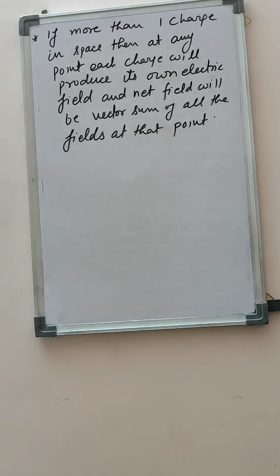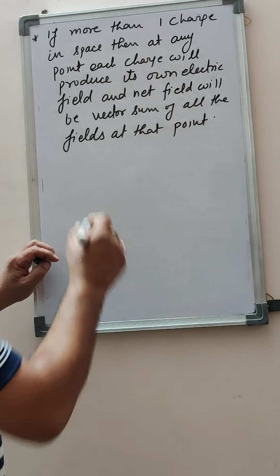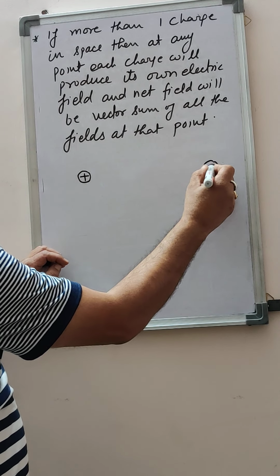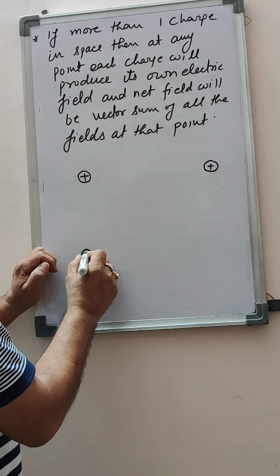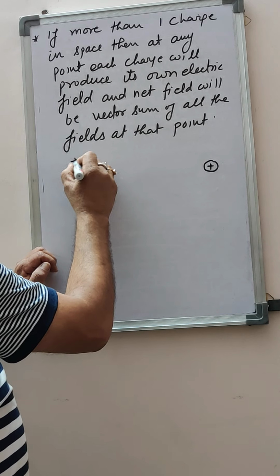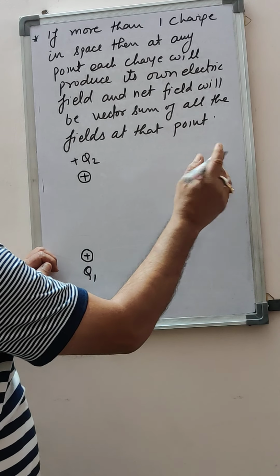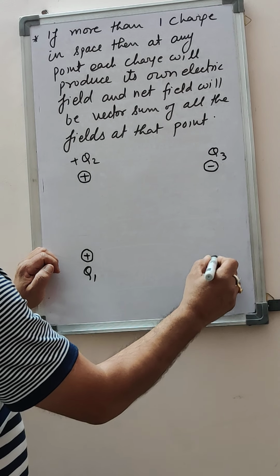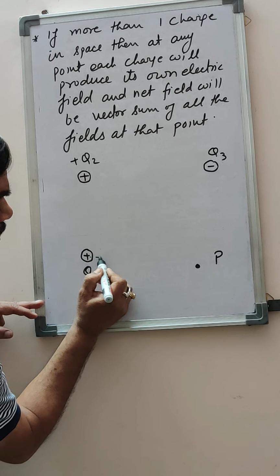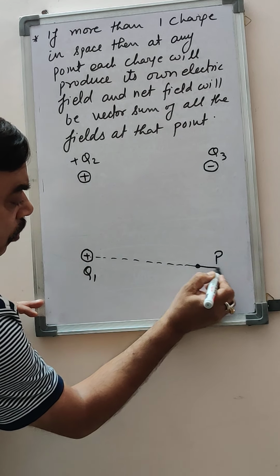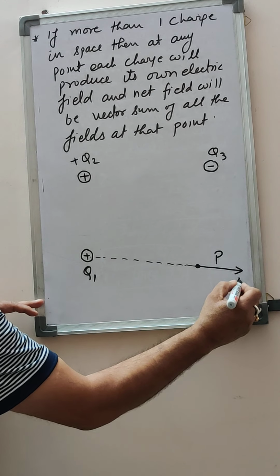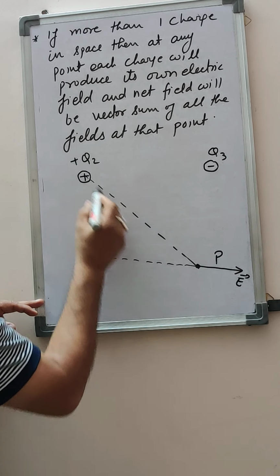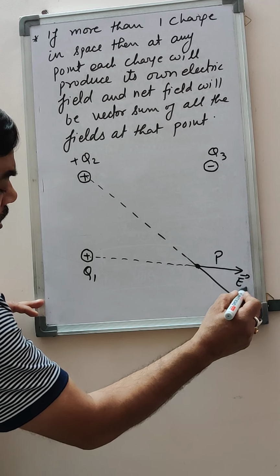This is also known as the principle of superposition. If you have a number of charges in space, this is one charge, this is another charge, this is another charge, plus q1, plus q2, and let us suppose minus q3, and you have to find the electric field at point P. The first charge will produce its own electric field, away from the charge since it is positive. The second charge will produce its own field E2, away from the charge.